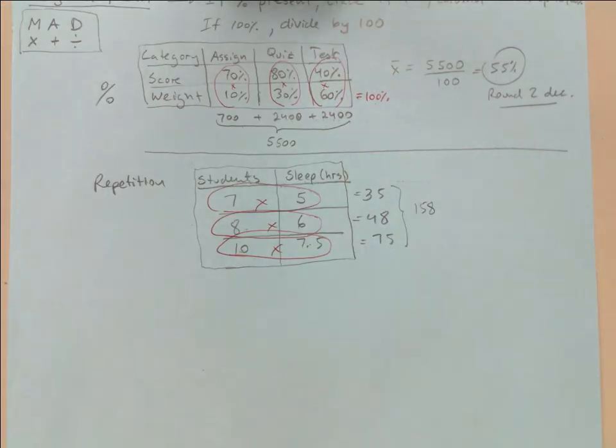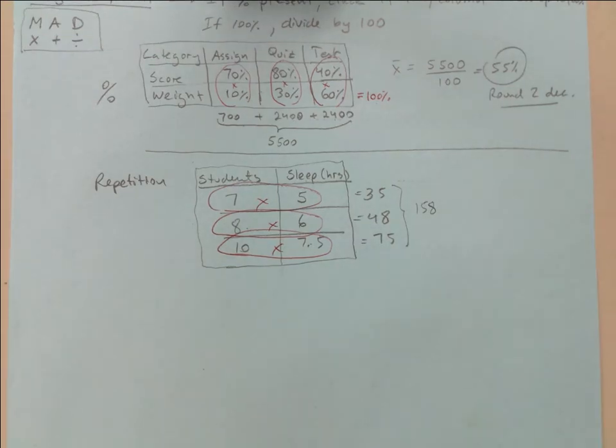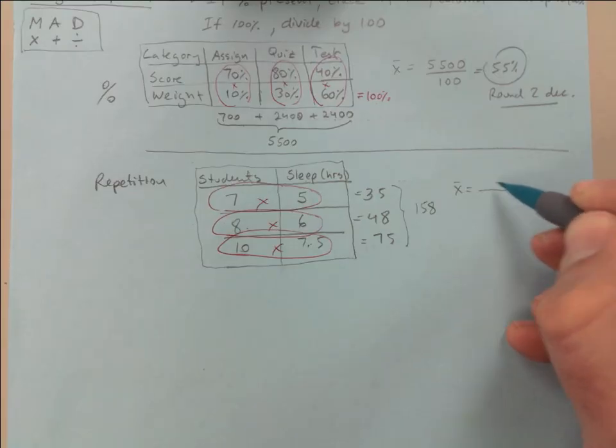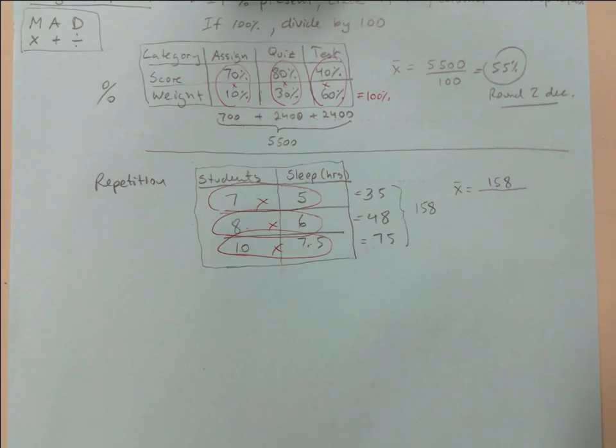Where's my calculator? 35, 48, 75. Yes. I still got it. Okay. How's this different? You're going to go 158, and watch this. This is the important part about this one.